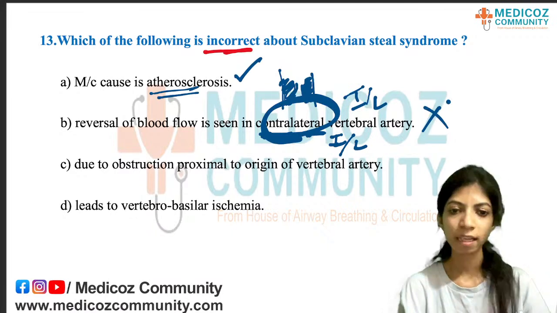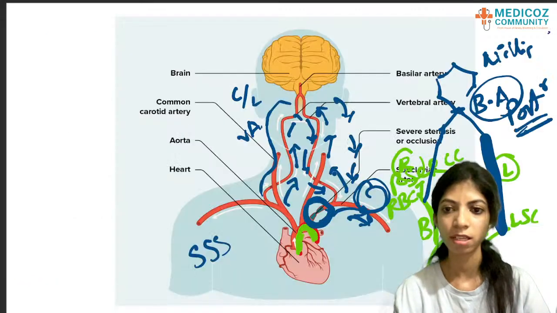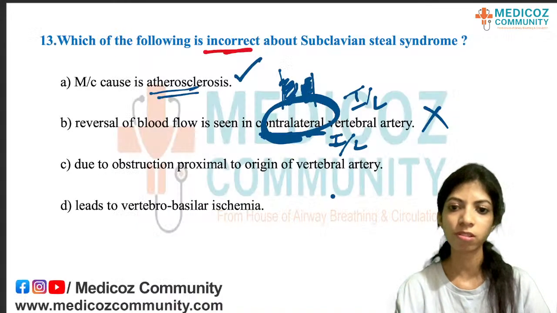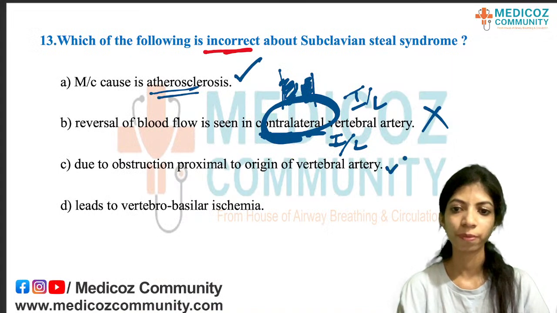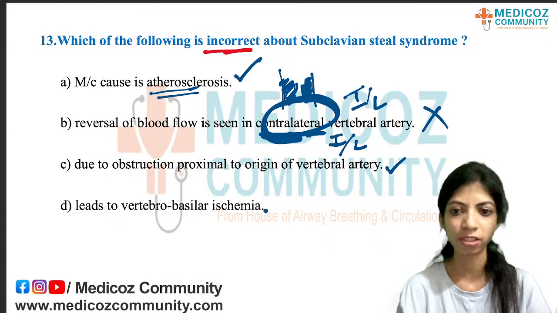Let us see the other two options. Option C, due to obstruction proximal to the origin of the vertebral artery. So here the origin of the vertebral artery is here and the obstruction is proximal to that. So this is also a correct option. And option D, leads to vertebrobasilar ischemia.